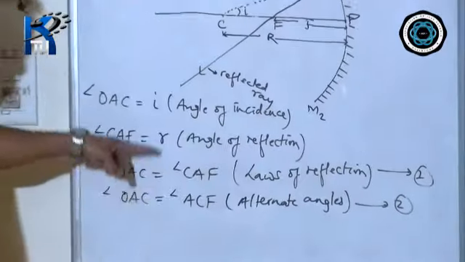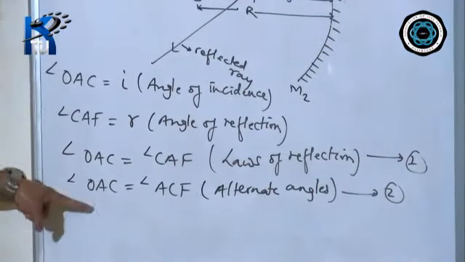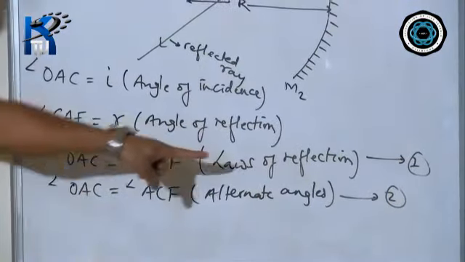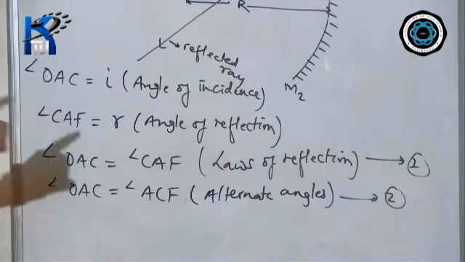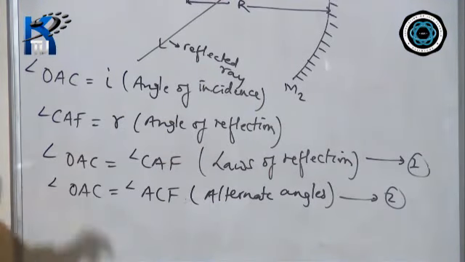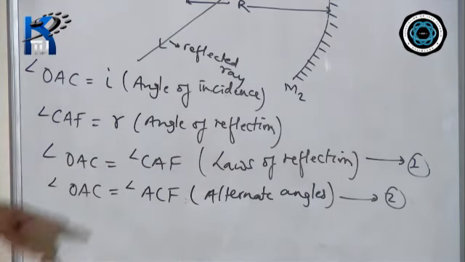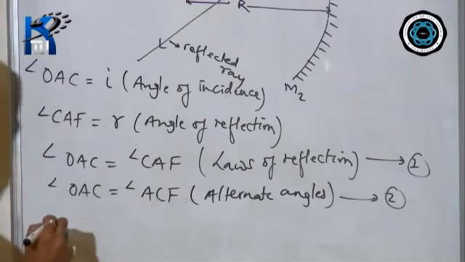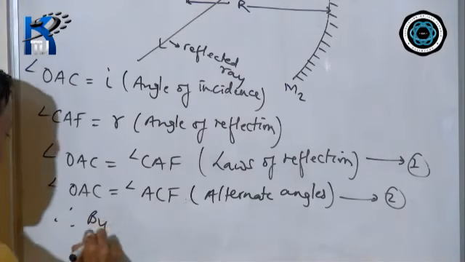What you can see from these two equations is that the left hand side of equation 1 is OAC and the left hand side of equation 2 is also OAC. That means these two sides are equal, so the right hand sides are also equal.